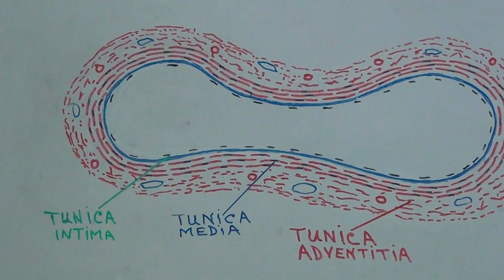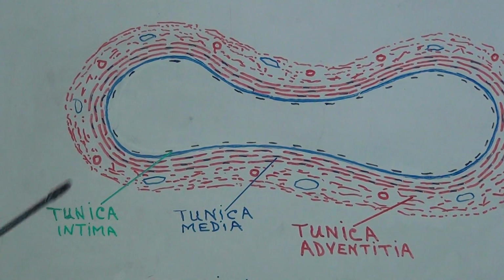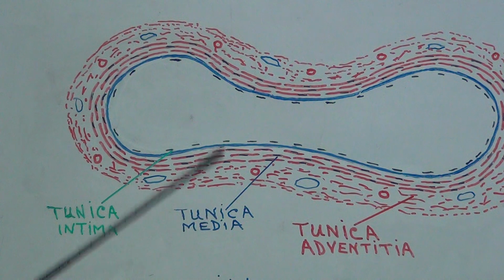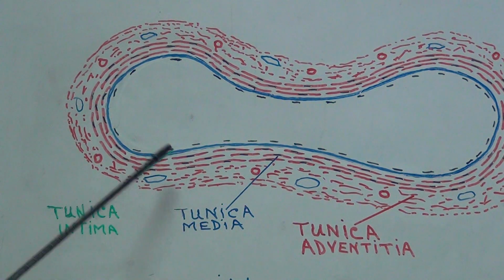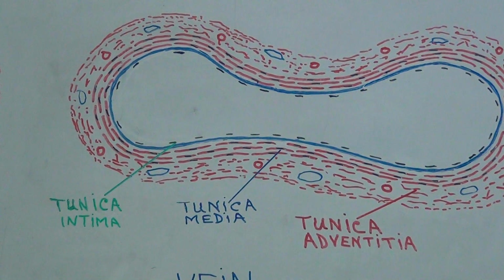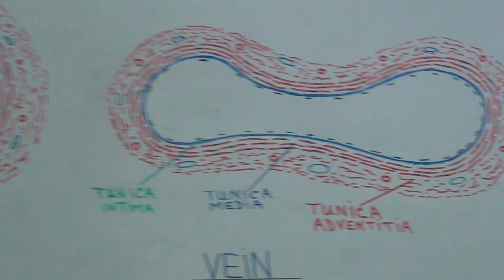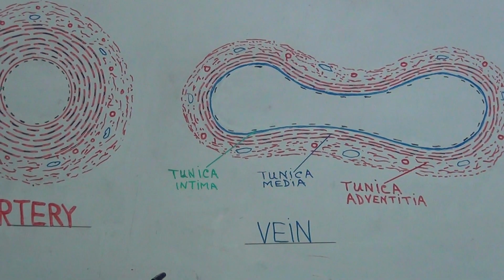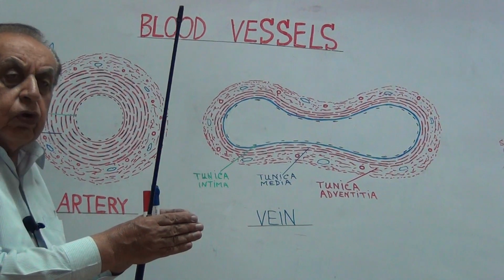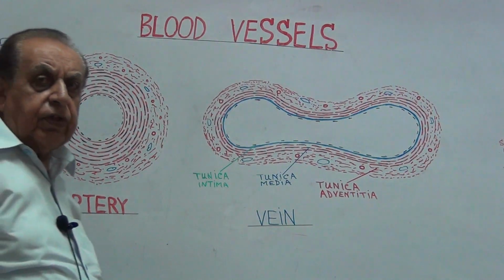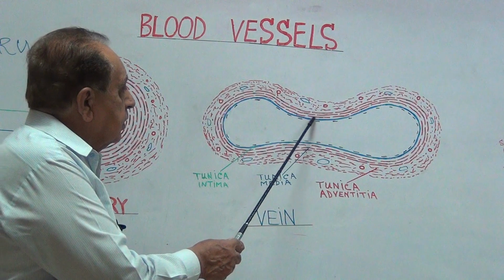But here in veins, the smooth muscle layer, the tunica media, is very thin. So due to this thin layer of tunica media, the wall of the vein collapses.